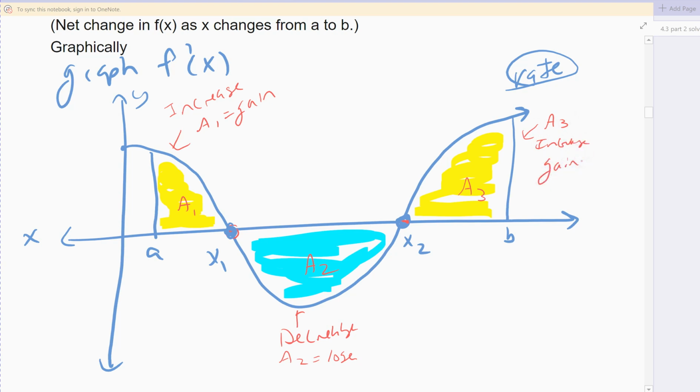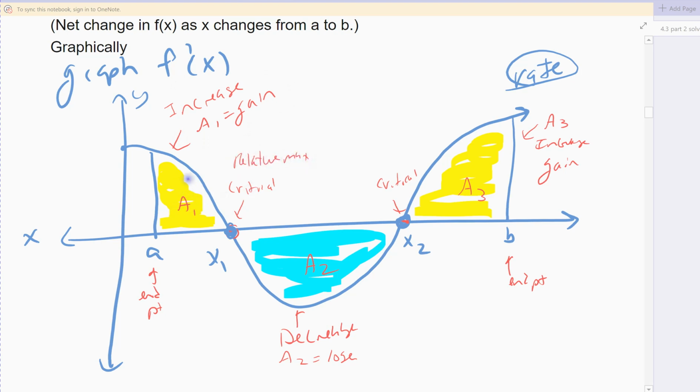I'm increasing that area. Now, just a quick note of how this goes back to what we talked about in chapter 3. This would be an endpoint. This would be an endpoint. This would be a critical, and this would be a critical. This is a critical, and this is a critical, right? Because it's where my derivative equals 0. If I've got a gain before my critical, so right, an increase, and then it switched to decrease, well, that means this critical is a relative max, right?